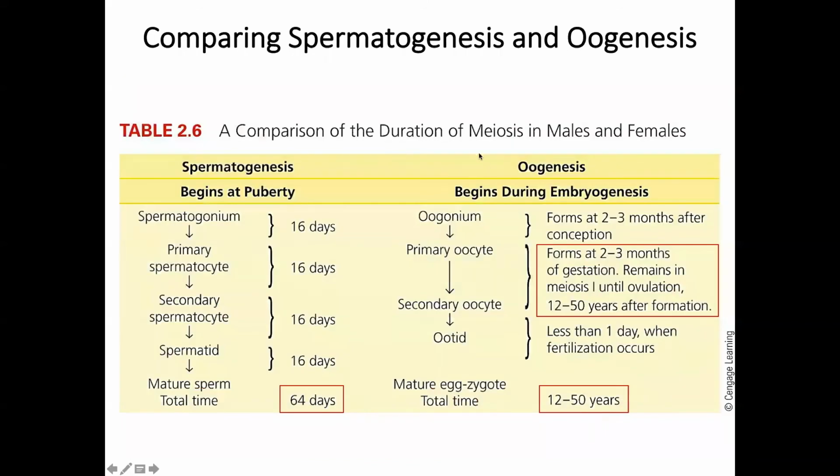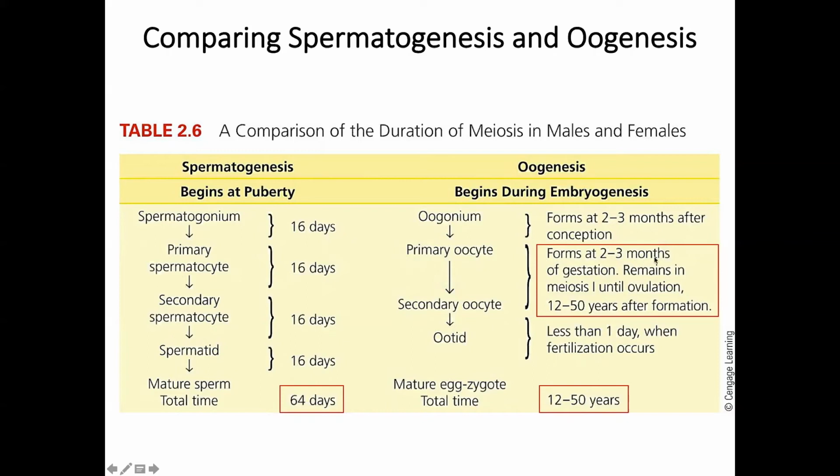So this is a comparison of the duration of meiosis in males and females. As I mentioned, spermatogenesis begins at puberty, but oogenesis begins during embryogenesis, and ovulation begins at puberty.